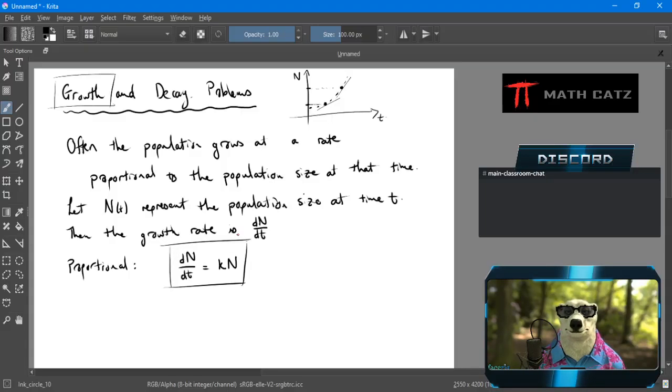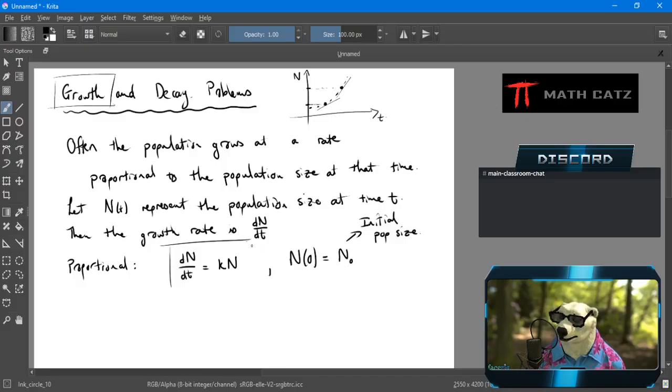I also, of course, need to know how many there were at the start. And let's call that N0. So I would need to know, not always, but usually, the initial population size.